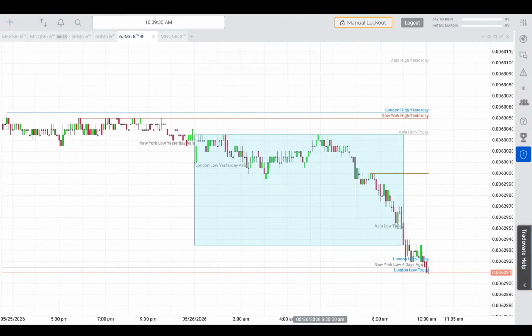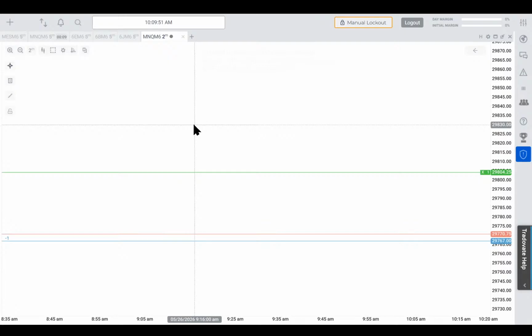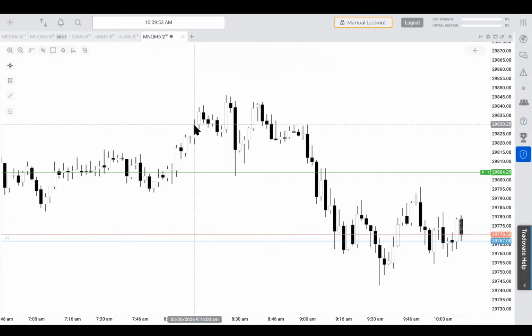I'm getting negative delta starting to form on 5 minutes on the NQ. Show me. You can't see the pictures, remember? I tried. Right. You're on stream. Describe it. What's the delta showing? Negative delta.